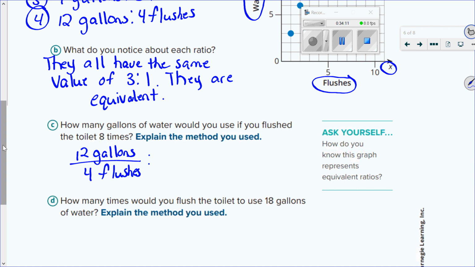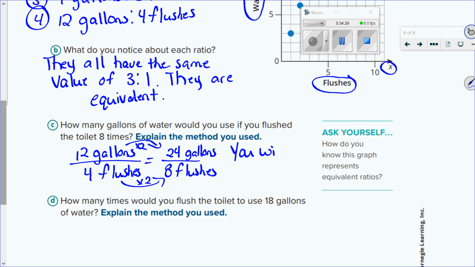And you knew we were going to 8. She says she multiplied by 2, so she did the same at the top and got 24 gallons. Does everybody agree? So you will use 24 gallons of water.